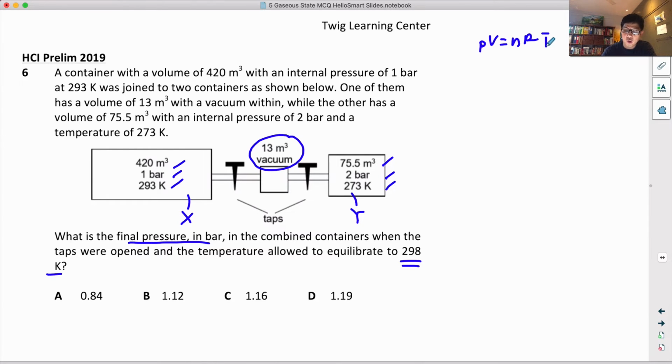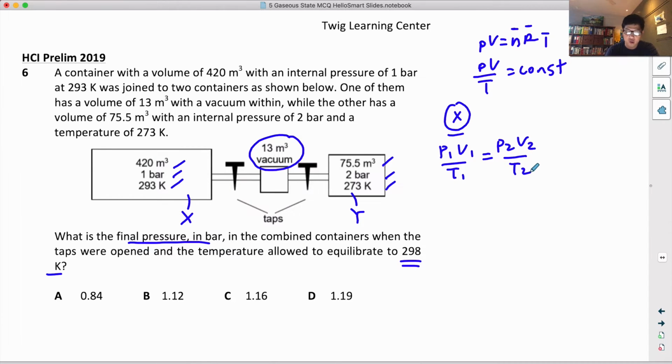If the moles of gas X and R don't change, then PV over T is a constant. We'll do gas X first, and after that gas Y. So P1 V1 over T1 equals P2 V2 over T2, for just gas X.